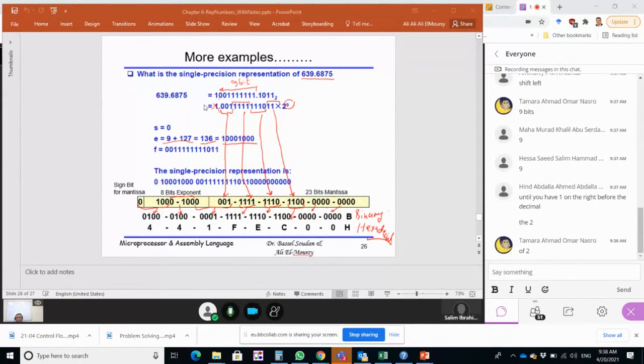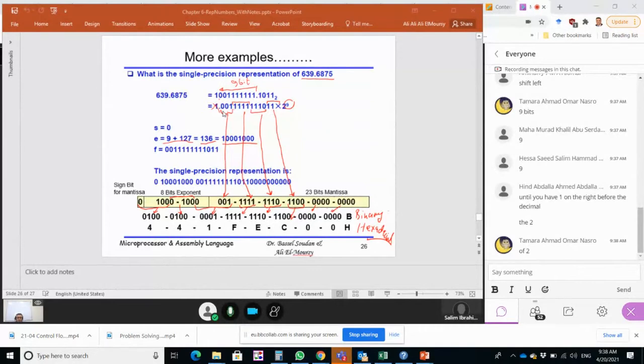So the exact same number can be represented as 1.001111111101 multiplied by 2 to the power 9. This is the exact same number as the original, but right now I have 1 point. I put it in the format 1 point something.